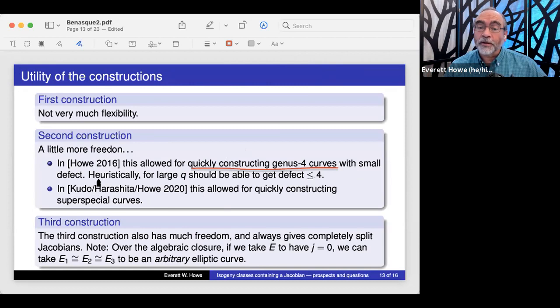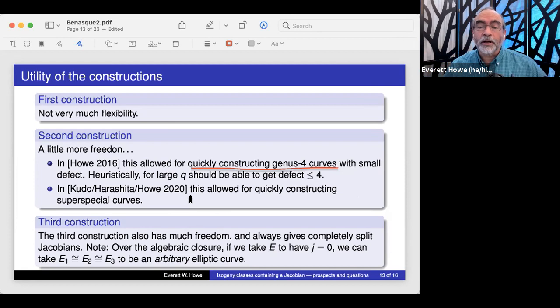And heuristically, there's an argument that shows that for large enough Q, you should probably be able to get defect less than or equal to 4. In practice, for all the primes less than a million or something like that, 96.5% of the time I got defect less than 4. And the exceptions were getting more rare.